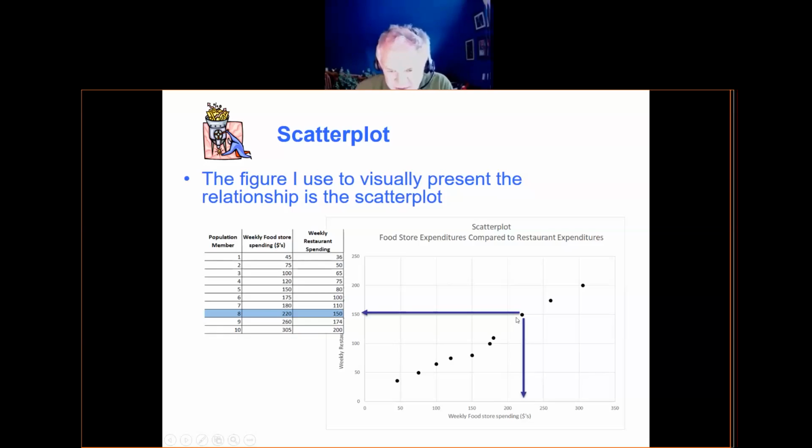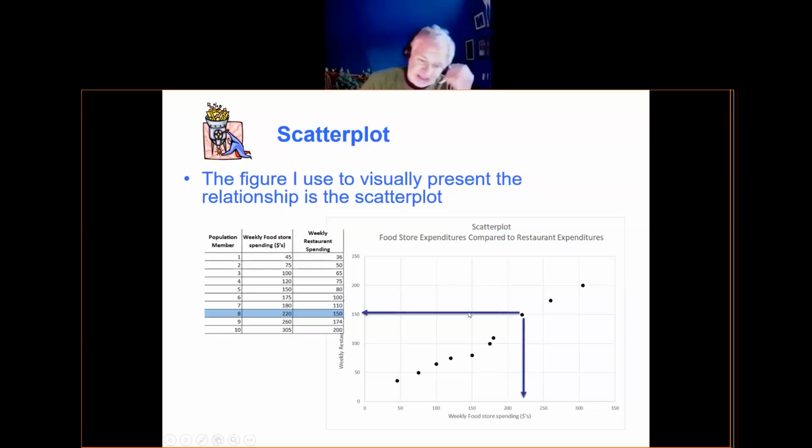Then if I go across to the vertical axis, that's how much they spent at the restaurant. So for each point in this two-dimensional plot, going straight down along the x-axis shows how much they spent at the grocery store, and going across shows how much they spent at a restaurant.